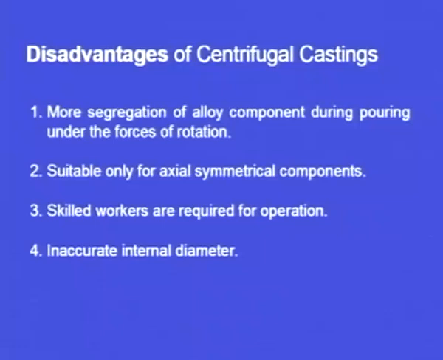Disadvantages of the centrifugal casting: here the segregation of the alloy components takes place. Suppose we are making a casting of an alloy. Alloy means 2 or more metals may be present, and the densities may be different. If the densities are different, the centrifugal forces falling on each and every element will be different.